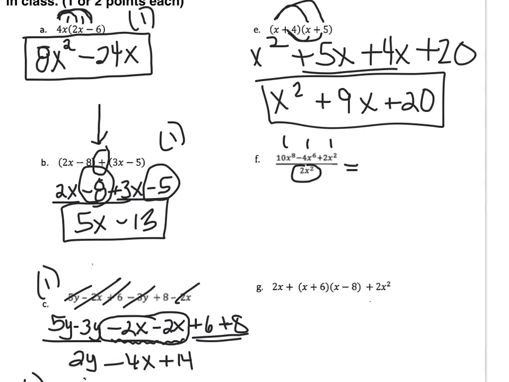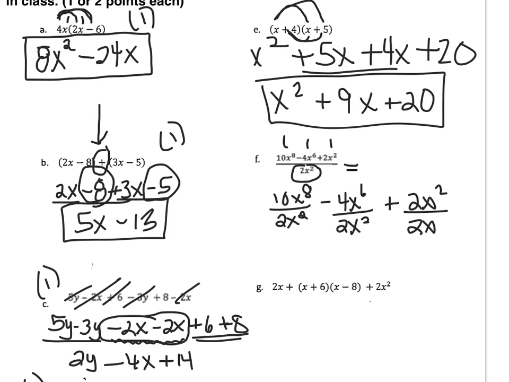So with a problem like this, I recommend rewriting it as 10x to the 8th divided by 2x squared minus 4x to the 6th divided by 2x squared plus 2x squared divided by 2x squared. It's a common denominator when it's written this way, so there's no reason you can't separate it into 3 different fractions and divide them all separately, so you know you'll end up with 3 terms.